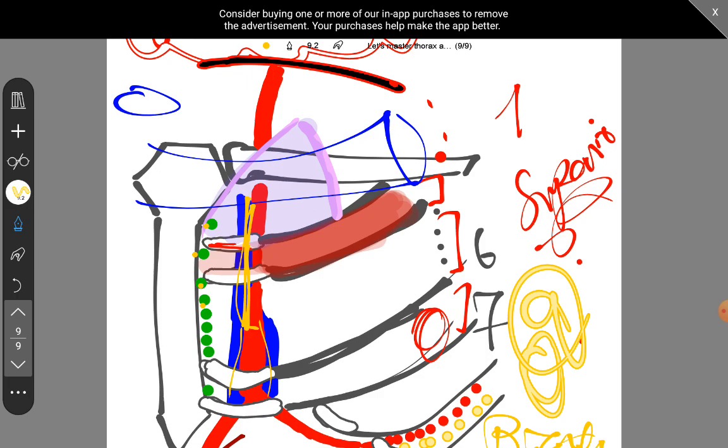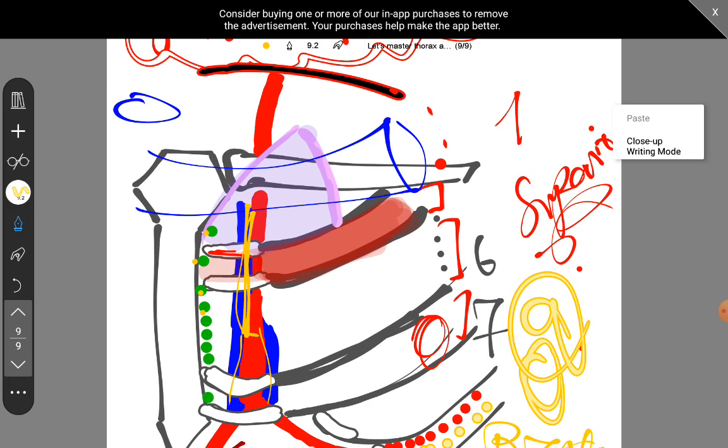It enters behind the medial end of the clavicle, half an inch from it, goes into the thoracic inlet, and it descends behind the upper 6 costal cartilages, half an inch from the lateral border of the sternum. Okay, it ends in the 6th intercostal space to give me the musculophrenic, the one that goes behind the 7th, 8th, and 9th rib, and then the superior epigastric goes to the abdomen.